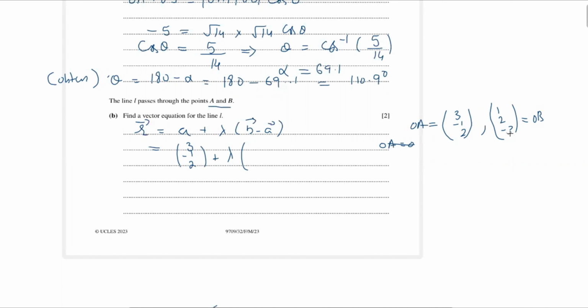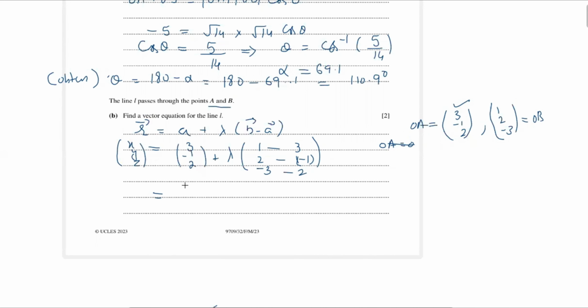Now B minus A, you can write it as B is 1, 2, minus 3, minus the vector of A, which is 3, minus 1, 2. Now this value r will be x, y, and z.